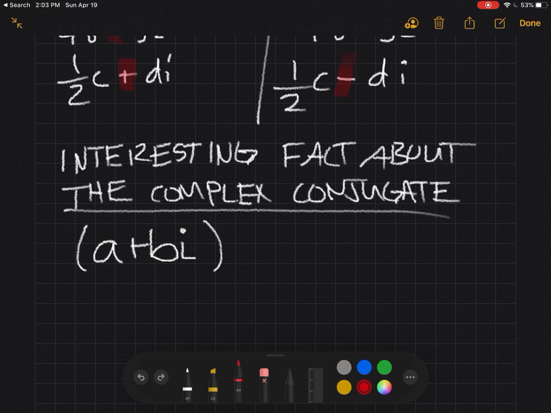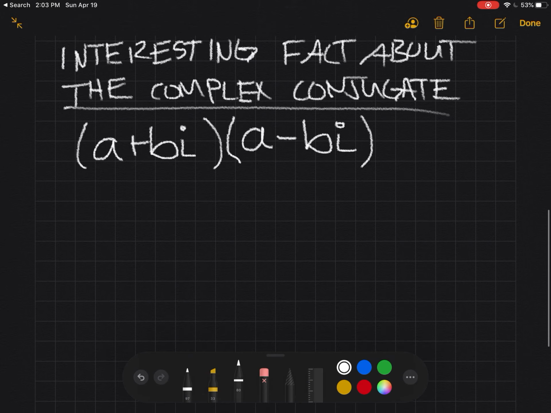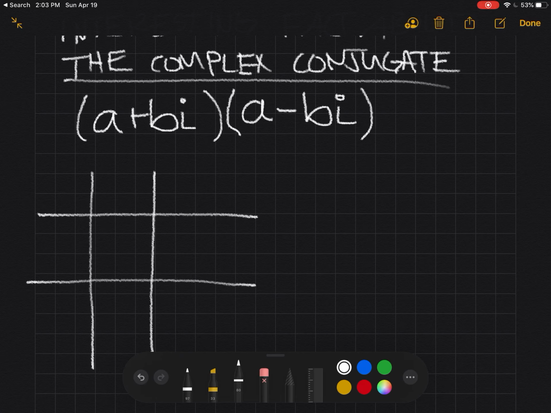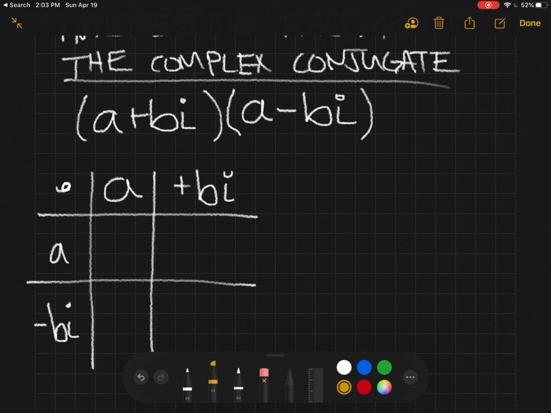I have a complex number, A plus BI, and remember here, A is just some real number like 2, 12, 7, whatever. And B is just some number. And then we have our cool imaginary I there. That's it. So I'm going to take that number and multiply by its complex conjugate. So I'm just changing the sign. I'm going to do this, as I prefer to, in a multiplication table.